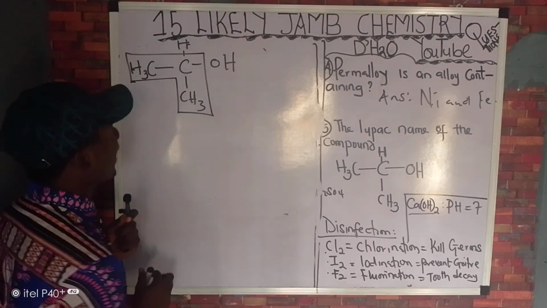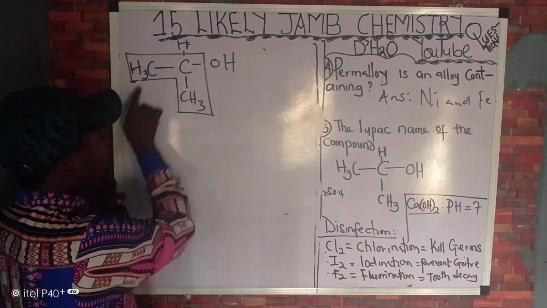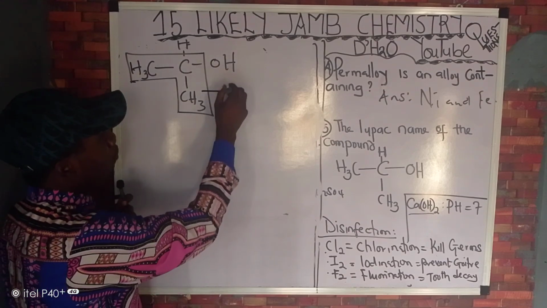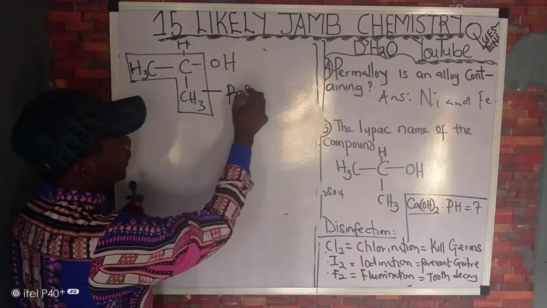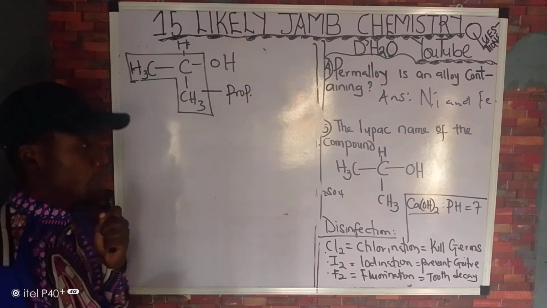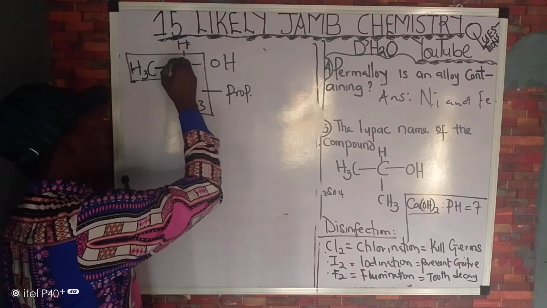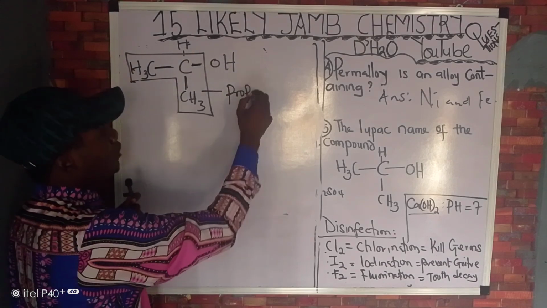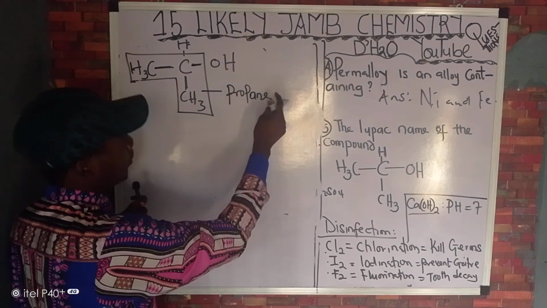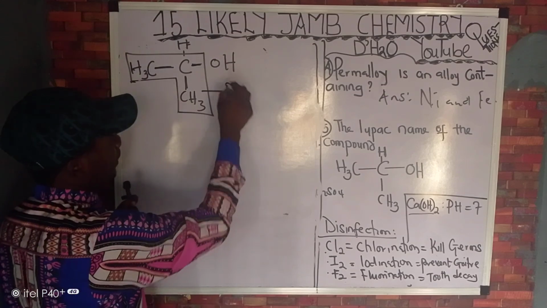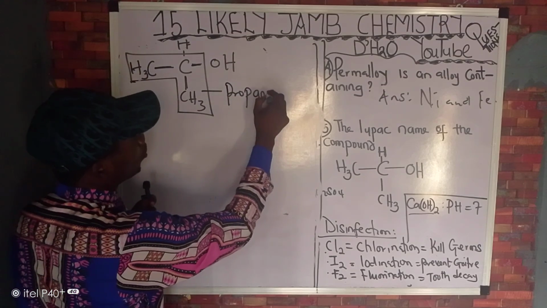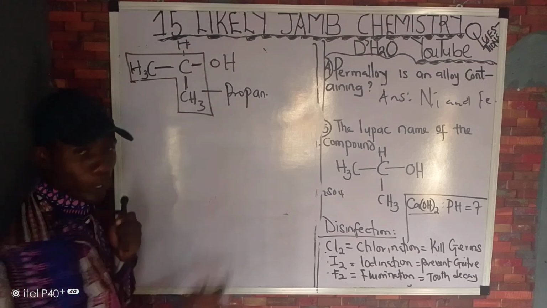So the longest chain, which is 1, 2, 3, comprises 3 carbons. And don't forget, if a compound contains 3 carbons, we use the prefix prop. And if it contains single bonds all through, we will now use the word propane. So let us end here, first of all, by saying propan, because we don't know what this will give us.